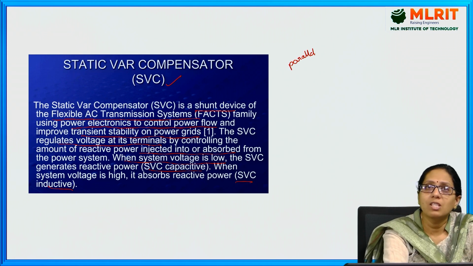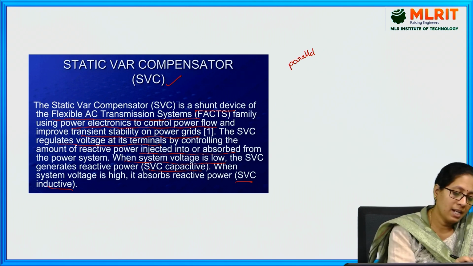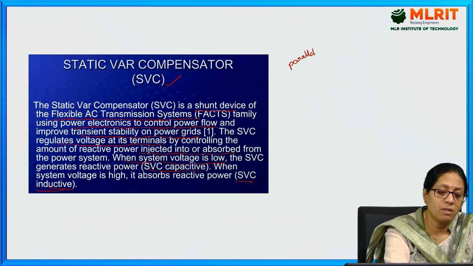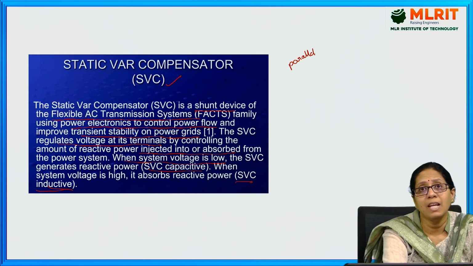When the voltage is low, it is used as a capacitor, and when the voltage is high, it absorbs the reactive power and behaves like an inductor. So in both cases, when the voltage is high as well as when the voltage is low, the SVC technique is being used.